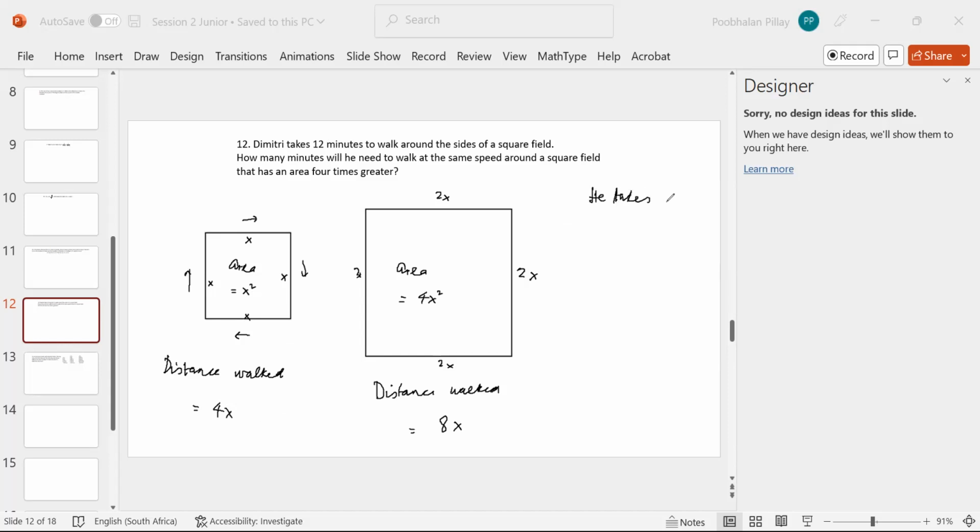Let's put that down. It takes 12 minutes to cover 4x. Therefore, it takes 24 minutes to cover twice the amount, 8x.